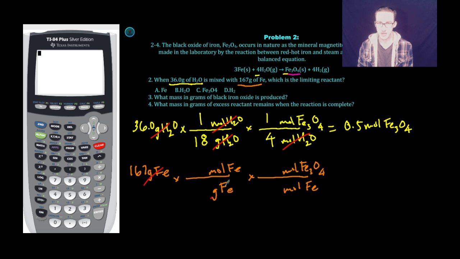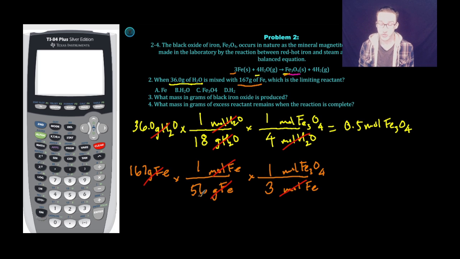Once again, the units that I don't want will cancel and I'll be left with moles of Fe3O4. Moles to grams, again, is a molar mass comparison that I can get from the periodic table. We'll estimate here again the molar mass of iron is approximately 56 grams. The relationship, however, between iron and Fe3O4 is not a 4-to-1 relationship, but a 3-to-1 relationship.